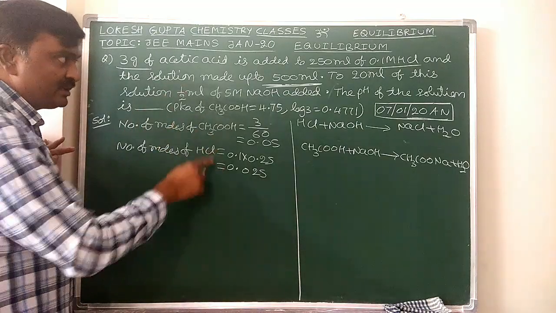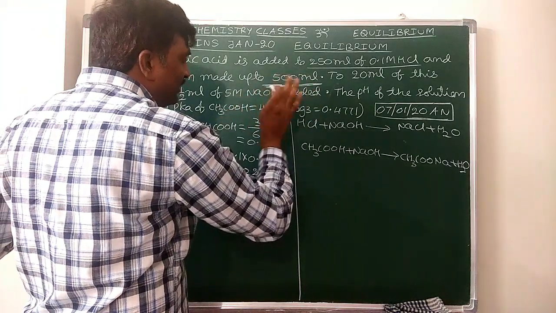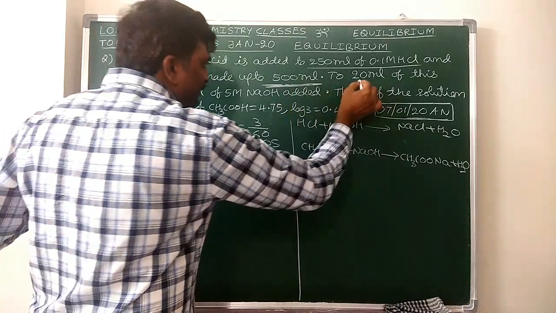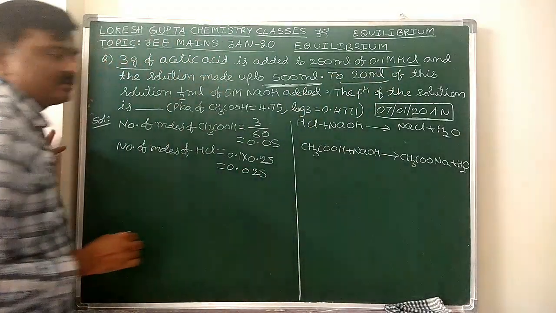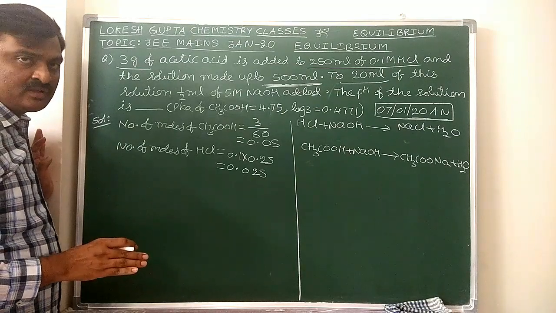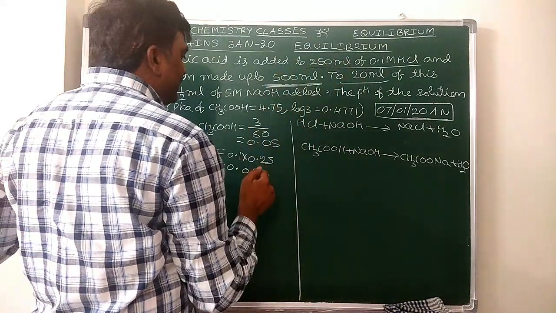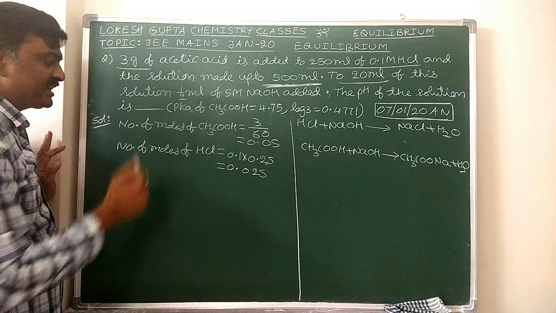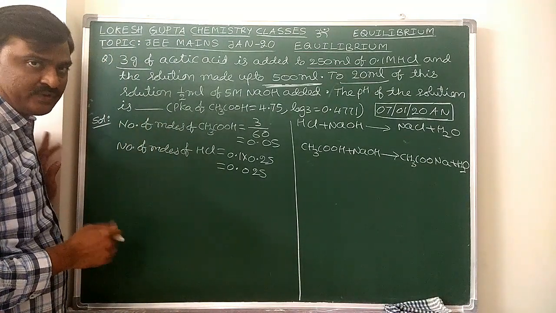Next, another twist. This total 500 ml we are not taking. From that, only 20 ml we are taking. Now the solution is a homogeneous mixture. In this 20 ml, how many moles of acetic acid and HCl are present? We have to find.